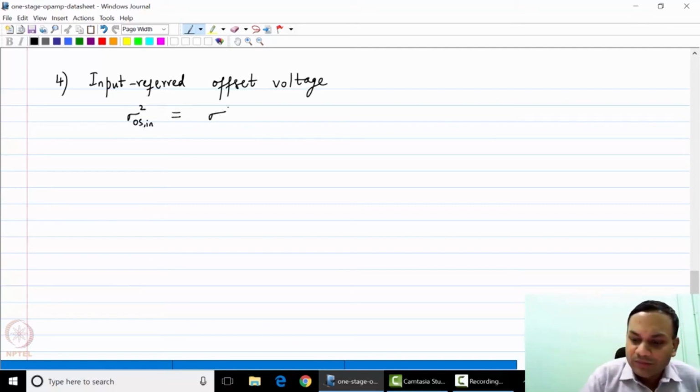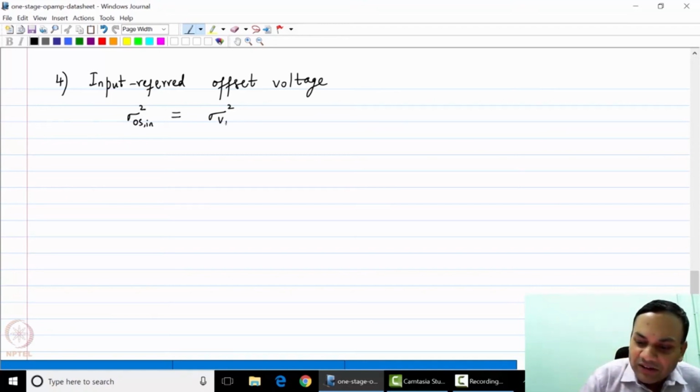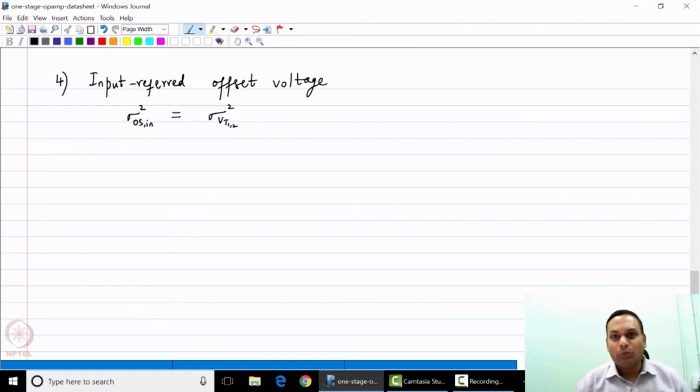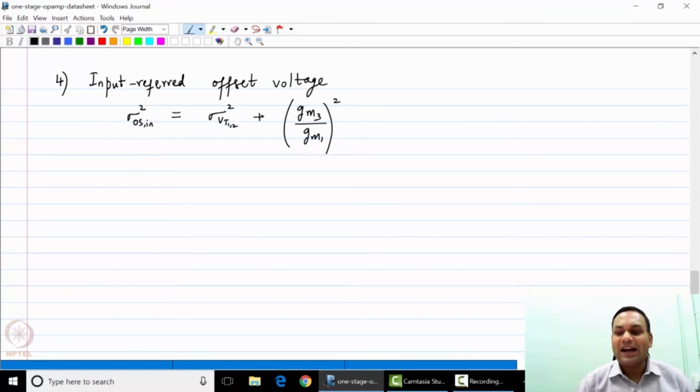The first portion is the offset voltage of the input differential pair M1 and M2 that appears directly at the input, and a second portion which is scaled by (gm3 over gm1) squared.